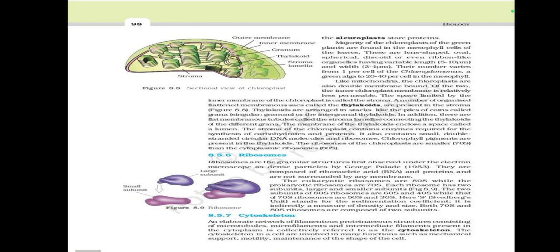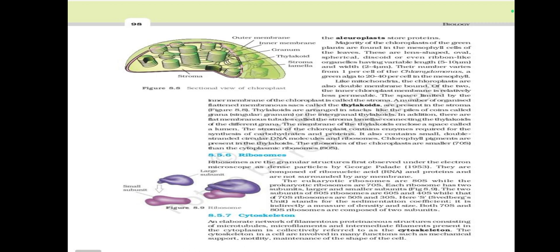Their number varies from 1 per cell in Chlamydomonas, a green alga, to 20 to 40 per cell in the mesophyll. Like mitochondria, the chloroplasts are also double membrane bound.